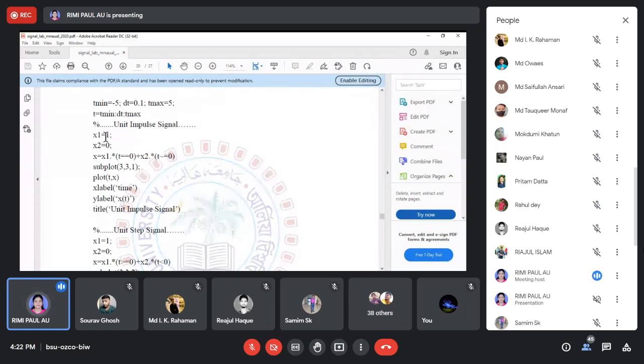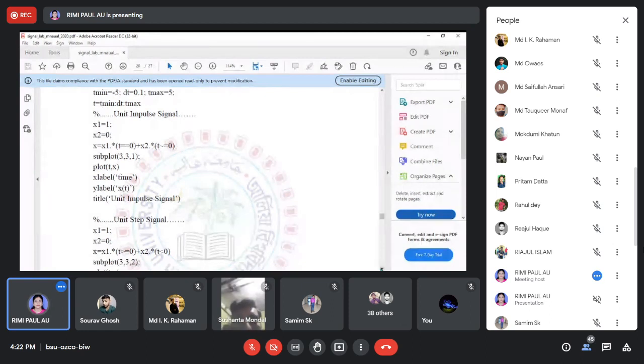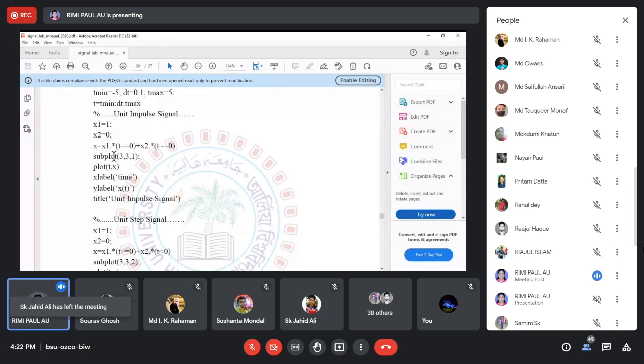Now x1 is equal to 1, x2 is equal to 0. We have seen that the magnitude for unit step function, unit ramp function and unit impulse function has k value 1 in every case. So I have taken two values, one is 0, another is 1. For the unit impulse signal, only at t is equal to 0 the magnitude of the impulse signal is 1.